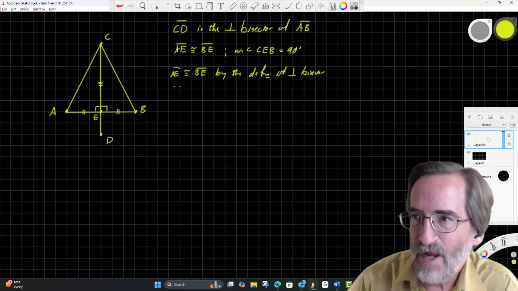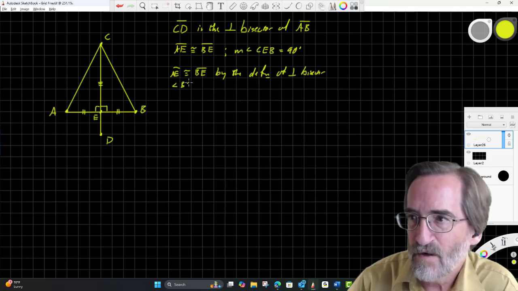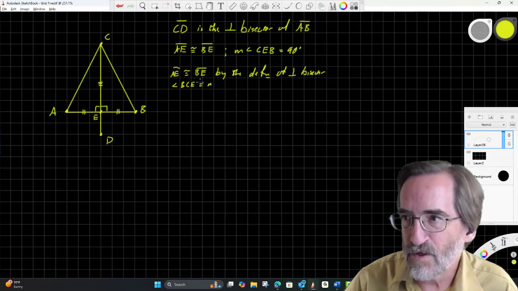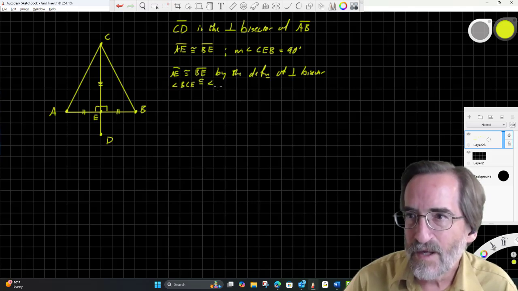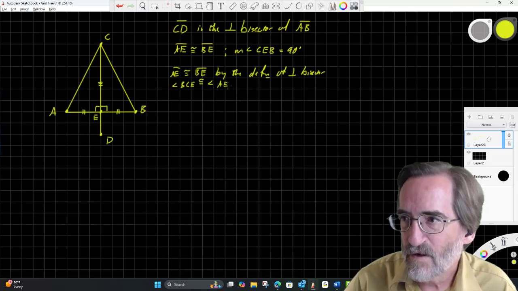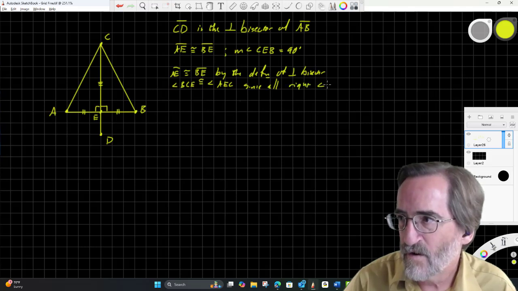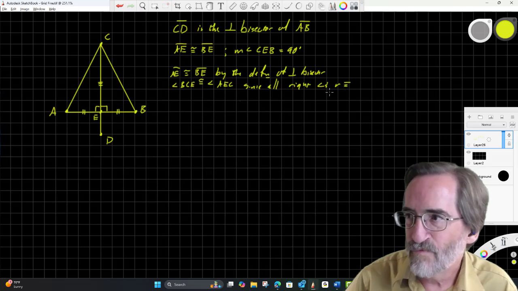I'm going to say angle BEC is congruent to angle AEC, since all perpendicular or right angles are congruent.